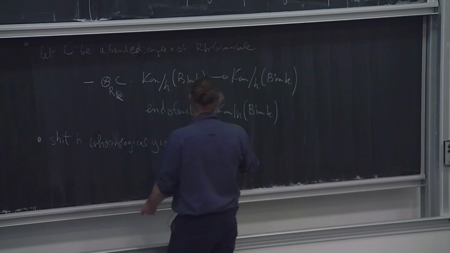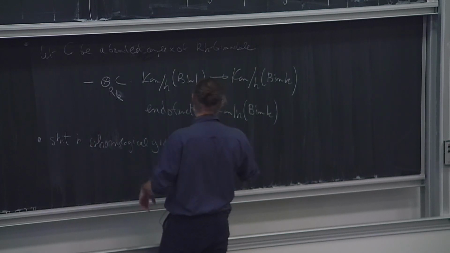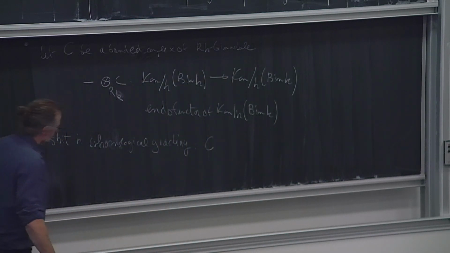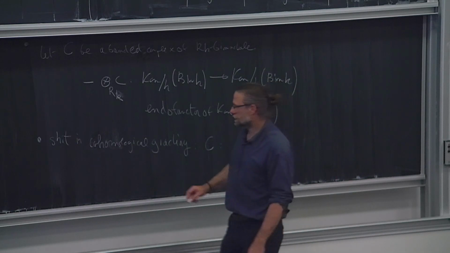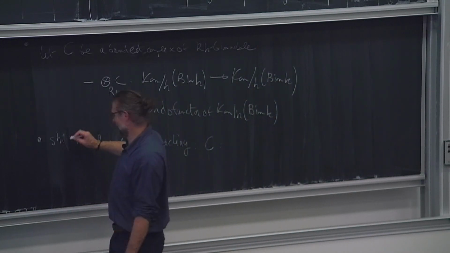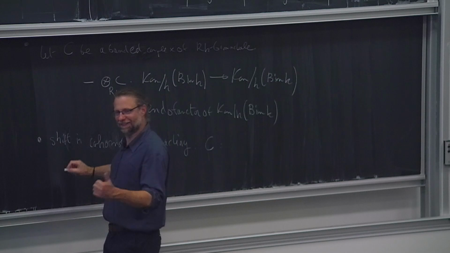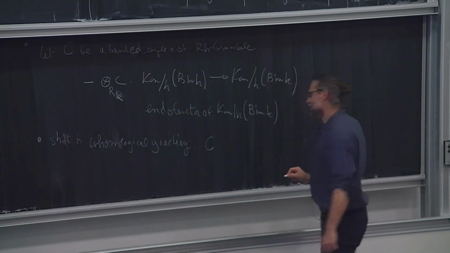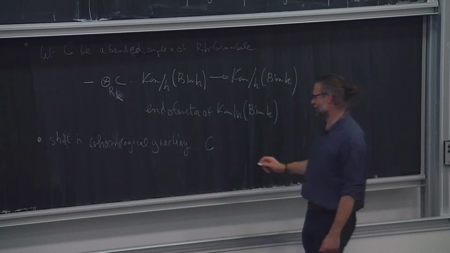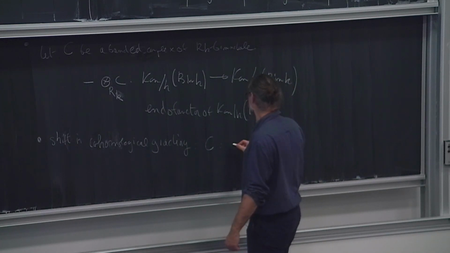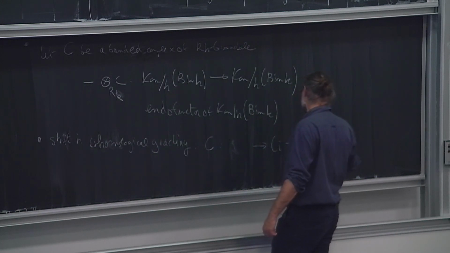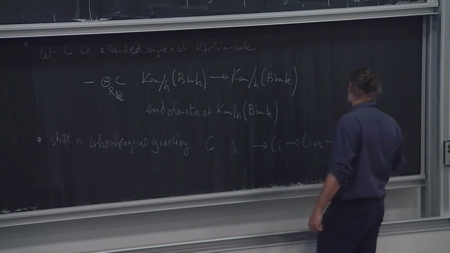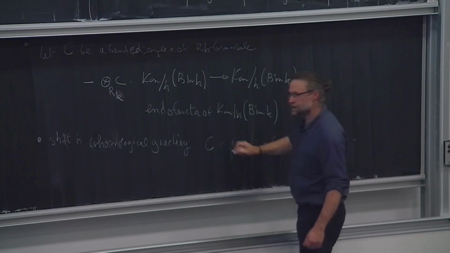So C as before is a complex of bounded RK bimodules. Okay, as I said, I choose the homological convention, so that's my C, the chain complex.